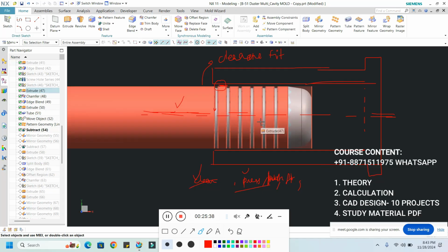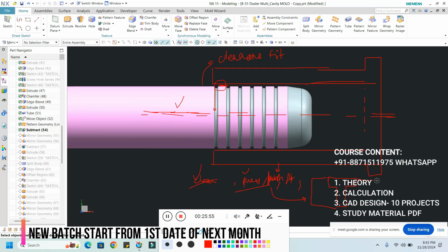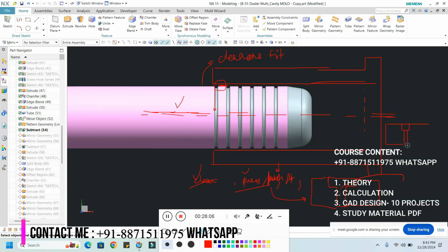If I apply a push fit, where can I apply it? When we do not need any sliding motion, where we need a complete fitment, for example between the core and cavity insert, or a local insert like a pin in the core. There we need a push fit or press fit.